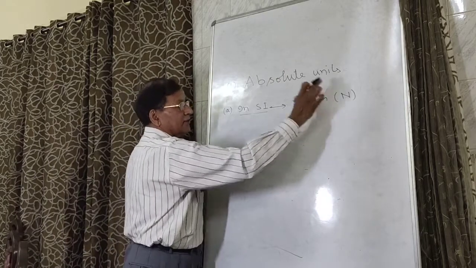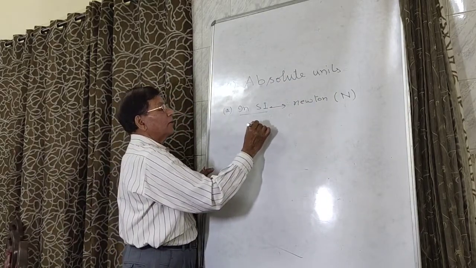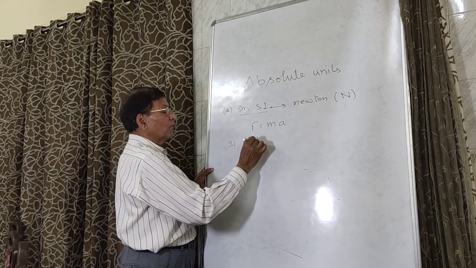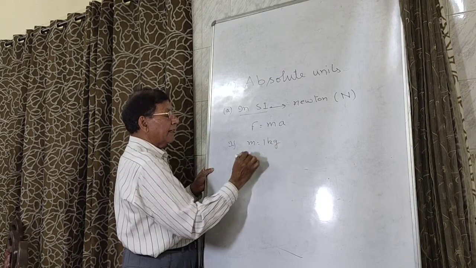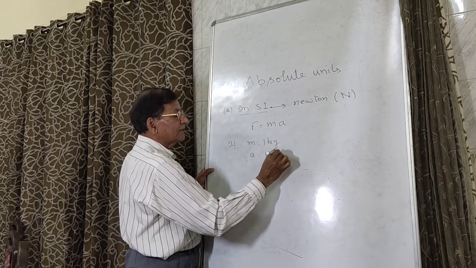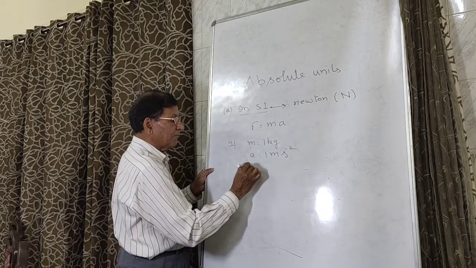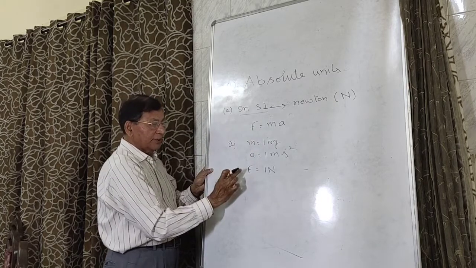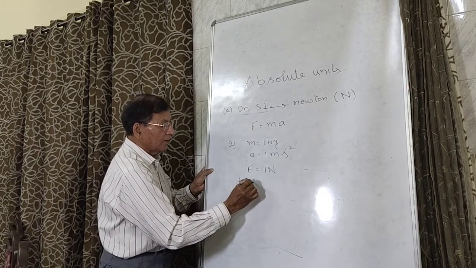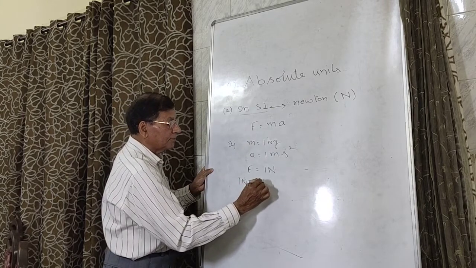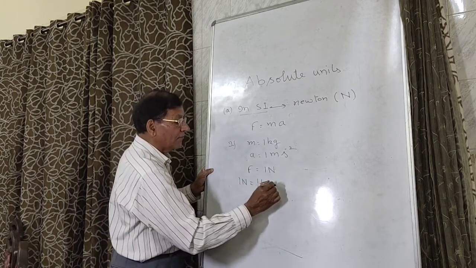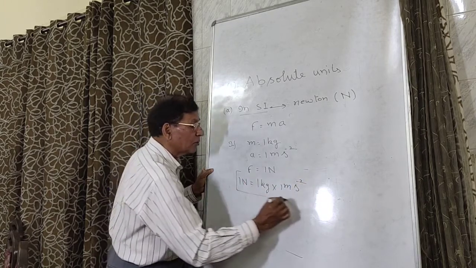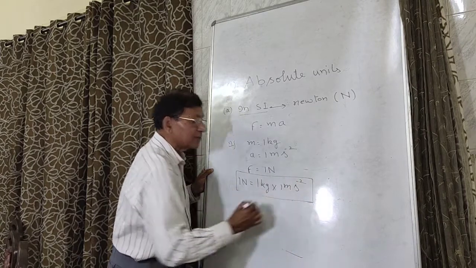अब इसको डिफाइन कैसे करेंगे हम, तो उसके लिए देखो F इक्वल टू m a, जो भी हमने ऊपर प्रूव किया. If m equal to 1 kilogram, a equal to 1 meter per second square, then F equal to 1 Newton. That is, if I put force as 1 Newton, mass 1 kilogram, and acceleration 1 meter per second square, that means 1 Newton equal to 1 kilogram into 1 meter per second square.